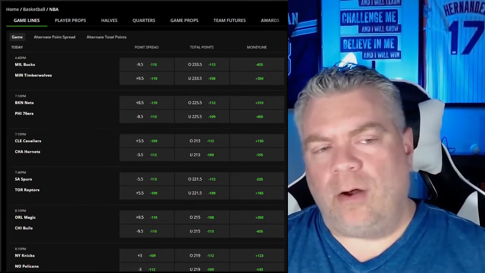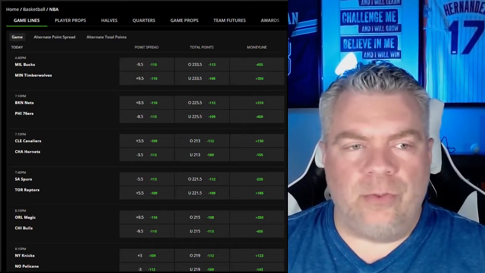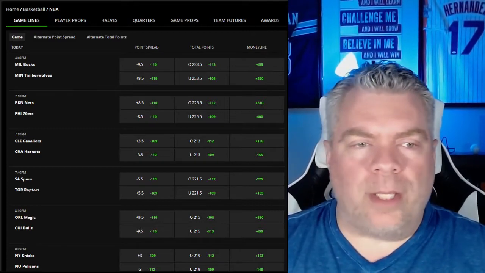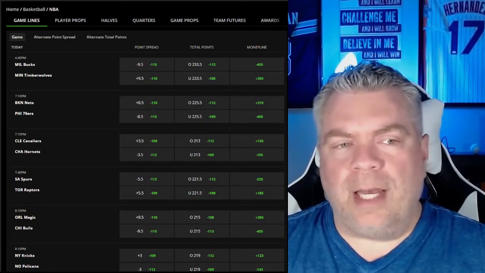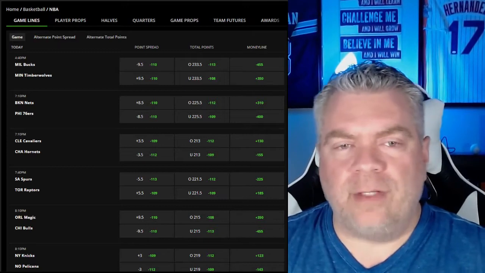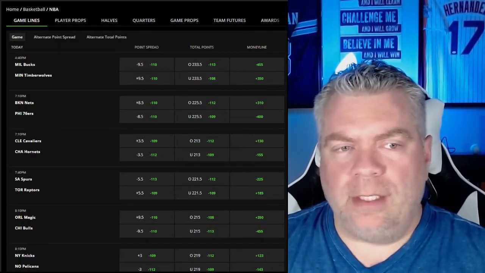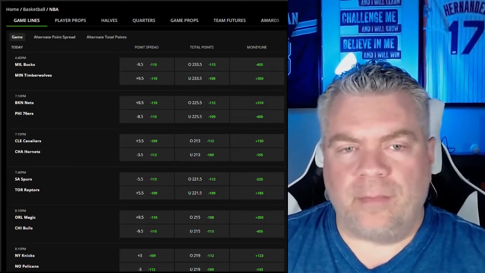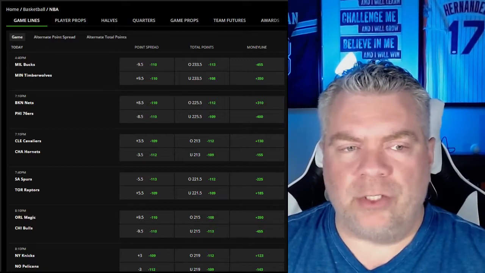On the extreme left-hand side, we've got the teams. The first two teams to go are the Milwaukee Bucks and the Minnesota Timberwolves with a 4:40 p.m. start time. The spread is 9.5. We see a minus 9.5 point spread next to the Milwaukee Bucks, and a plus 9.5 point spread next to the Minnesota Timberwolves.